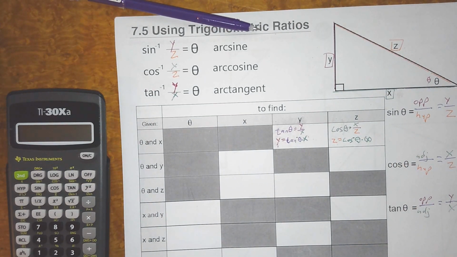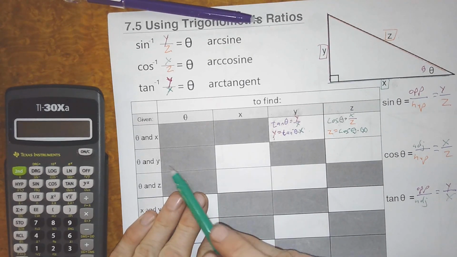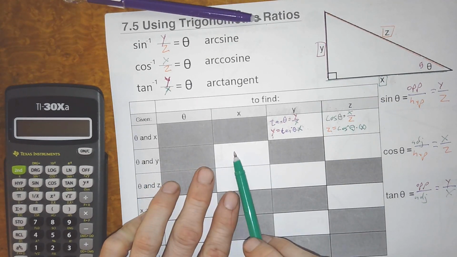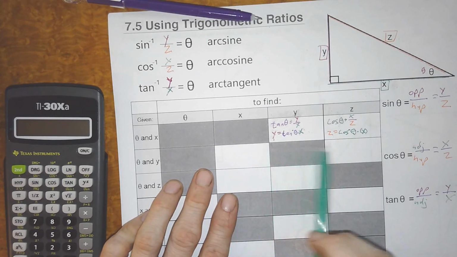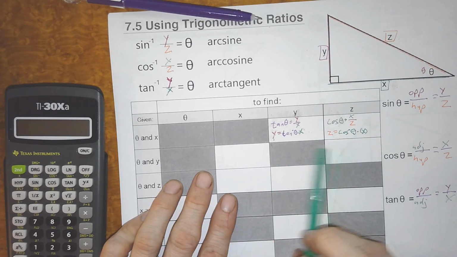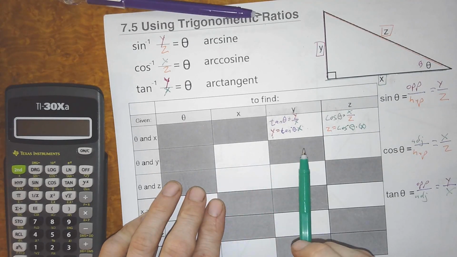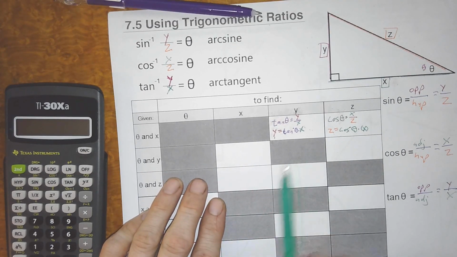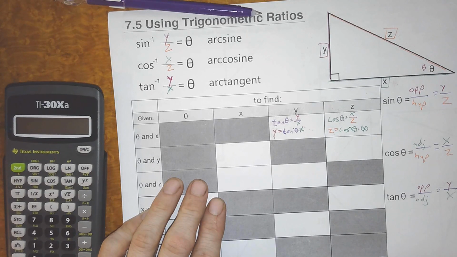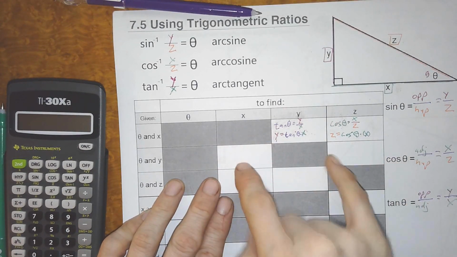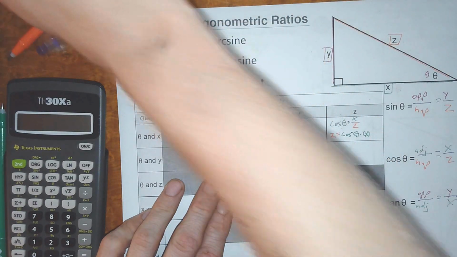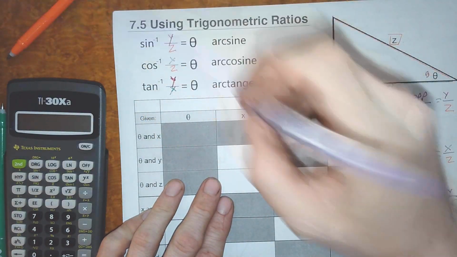Now the next one: I'm given theta and I'm given y, and I'm trying to figure out x and z. So how do I figure out x and z if I'm given the other two things?